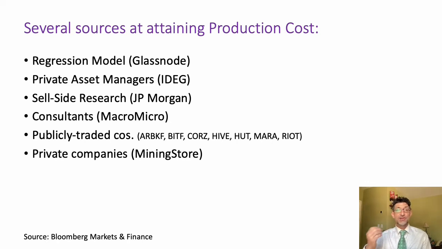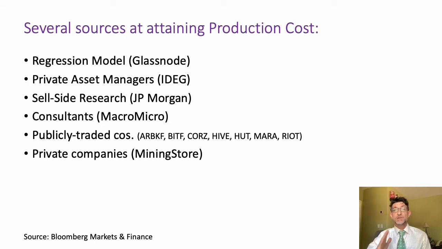And then you've got consultants like Macro and Micro that seem to be doing a good job on surveying production costs for Bitcoin. And then, of course, you've got publicly traded companies, and I put the tickers here, like Bitfarms, Core Scientific, Hive, Hut 8, Marathon Digital, Riot Blockchain.